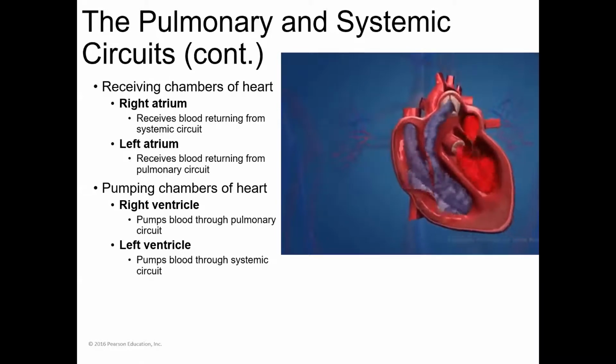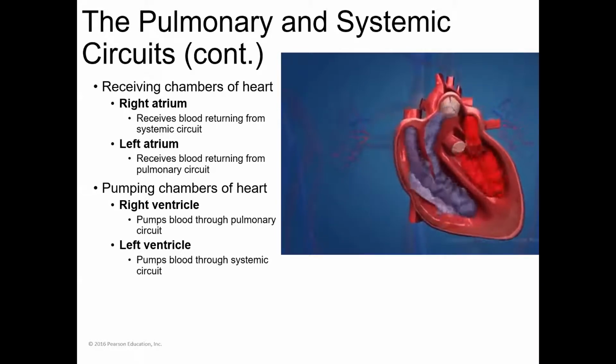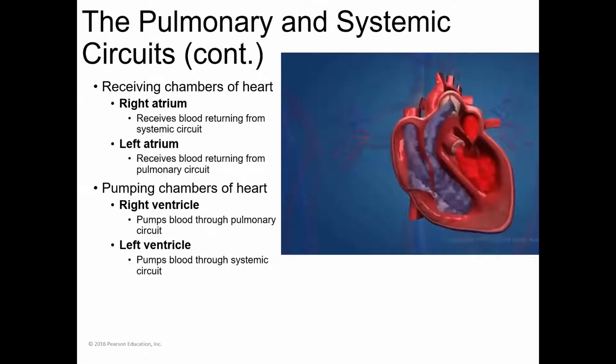If we look at our model here, let's see if I can get this to work for us. Here we can see on our heart model, this is the right side of the heart right here.